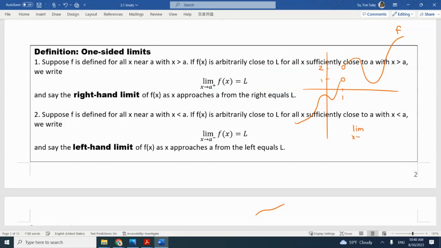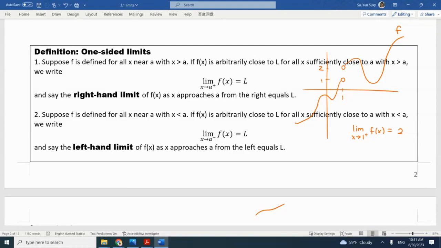If I ask you what's the limit when x goes to 1 from the right of f of x, what's that? 2. Yes, everybody? We're getting close to 1 from the right, so we're on this piece. Imagine going along here, and my y is approaching 2. So the limit as x goes to 1 from the right of f of x equals 2.